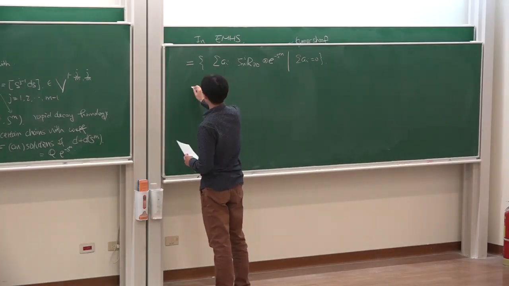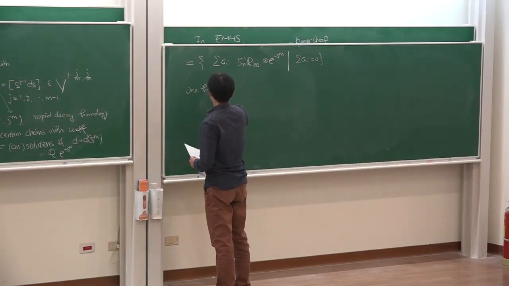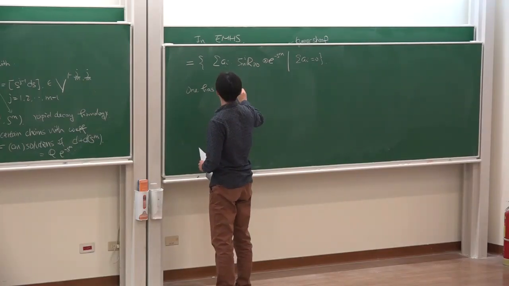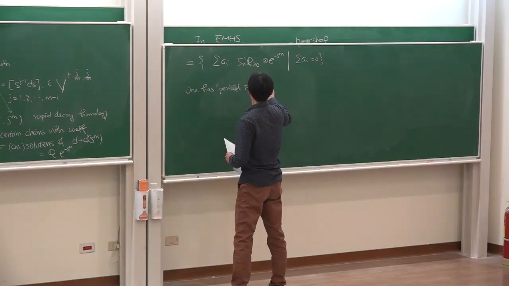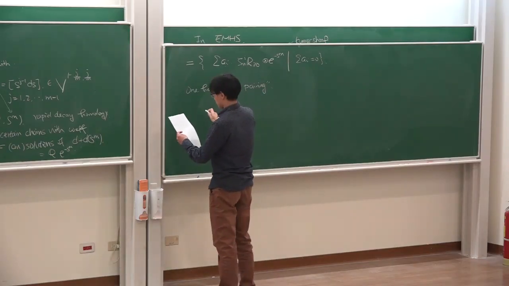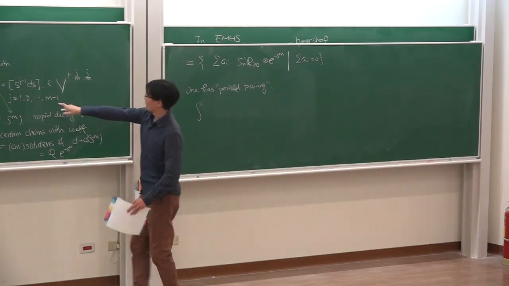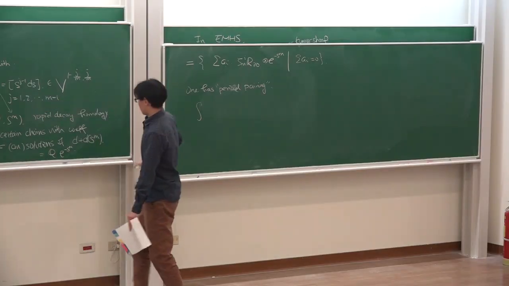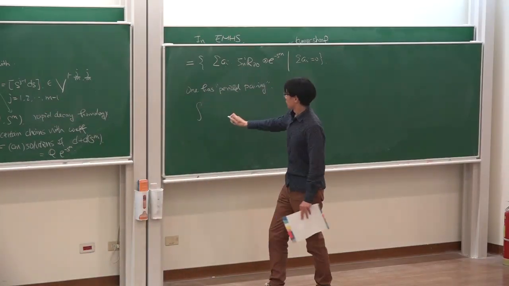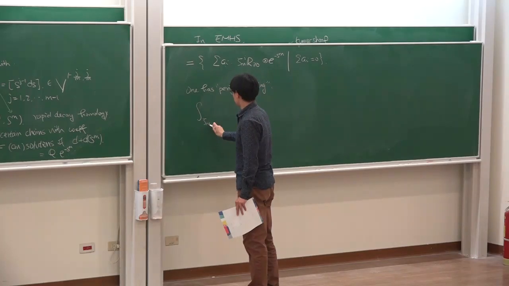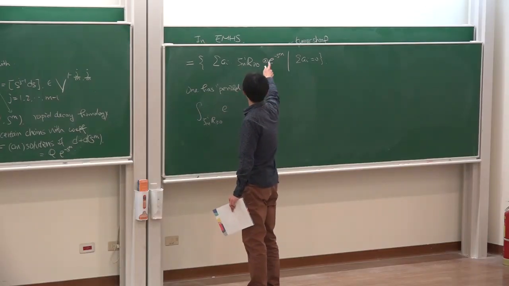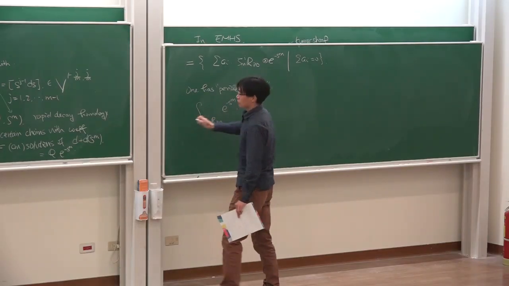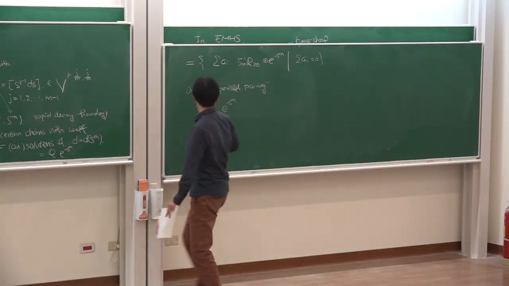Okay, and one has the period pairing. So you have this differential form, and you have this chain. You just integrate this chain, so there's a summation of this coefficient function times your differential form.